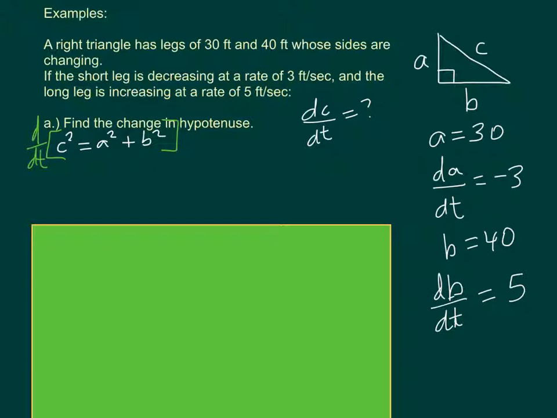Okay. So when I take the derivative of C squared, I'm going to get 2C, and then of course times dC/dt using our chain rule, equals, I'm ahead of myself there, equals the derivative of A squared, which is 2A times dA/dt.